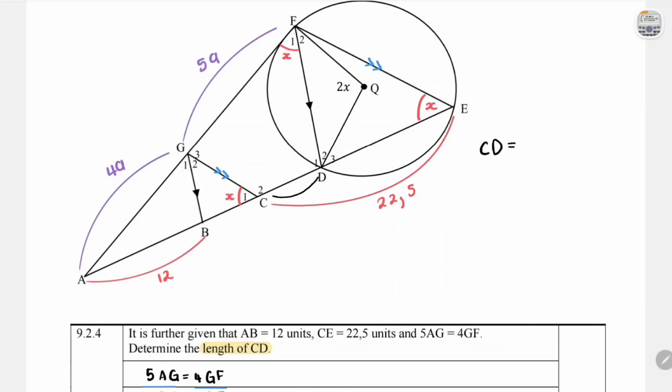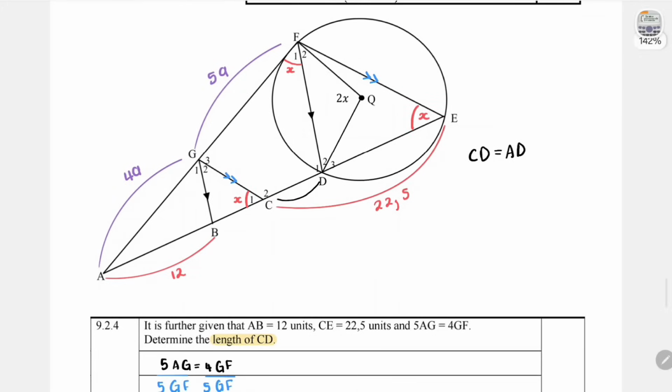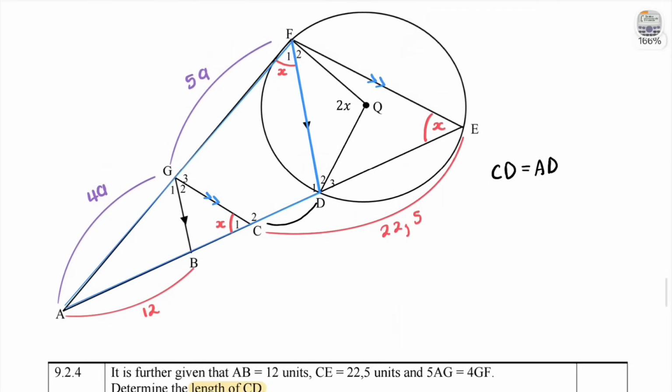And the reason I'm saying this option looks like it would work more is because since we are taking AD, notice how AD is actually part of a triangle that we are working with. It's part of a triangle that has 2 parallel sides. And we can just highlight this. It's part of this triangle, AFD, okay, that triangle. And AD is that side. So it means that we can actually find the length of it if we know the ratios. And we do know the ratios.